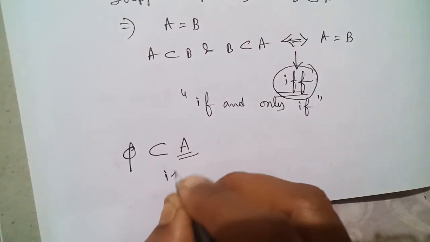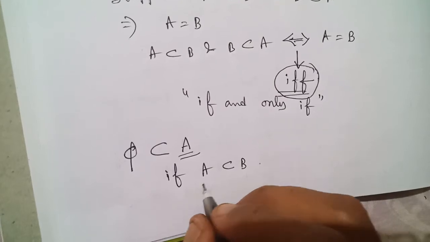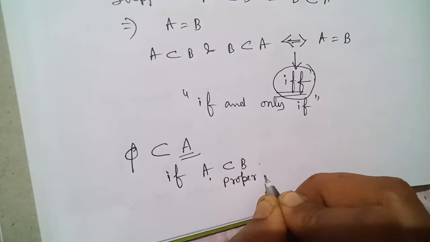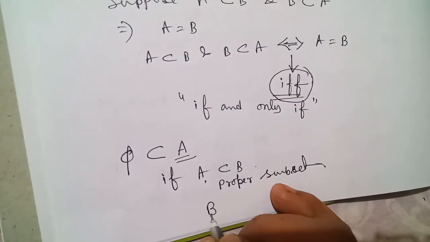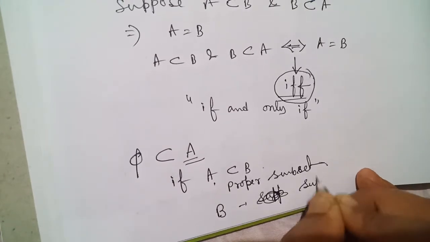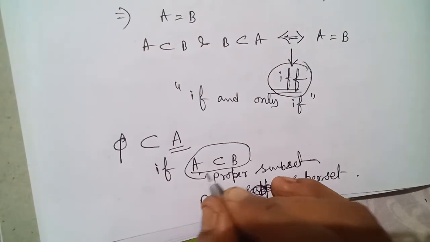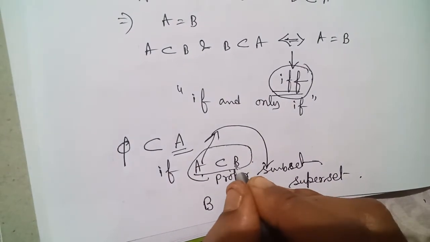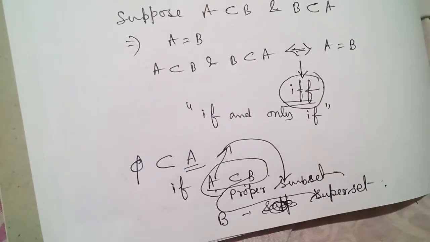Now, if A is a proper subset of B, then we call A a proper subset and B is a superset. B is superset. In this condition, A is proper subset and B is superset. Okay.